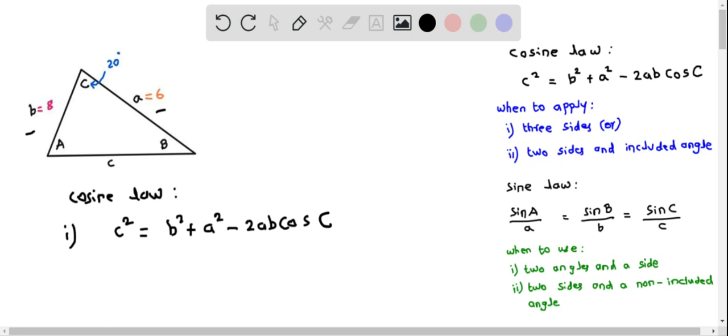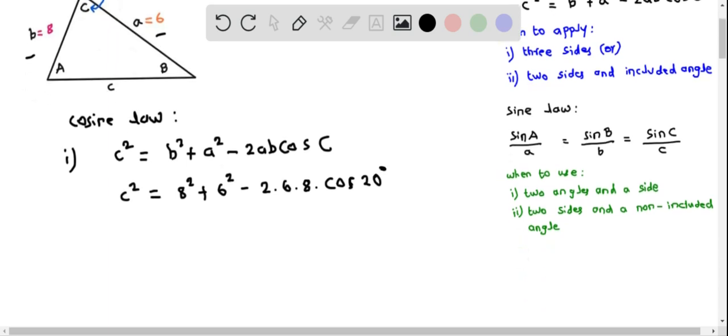Since we are going to determine c, we will keep this as c squared. We can plug in the values of a, b, and the angle C. b equals 8, so I replace b by 8 squared, and a is 6, so I replace it by 6 squared, and 2 times a is 6, b is 8, and the cosine of the angle C is 20 degrees, so it is cos 20 degrees.